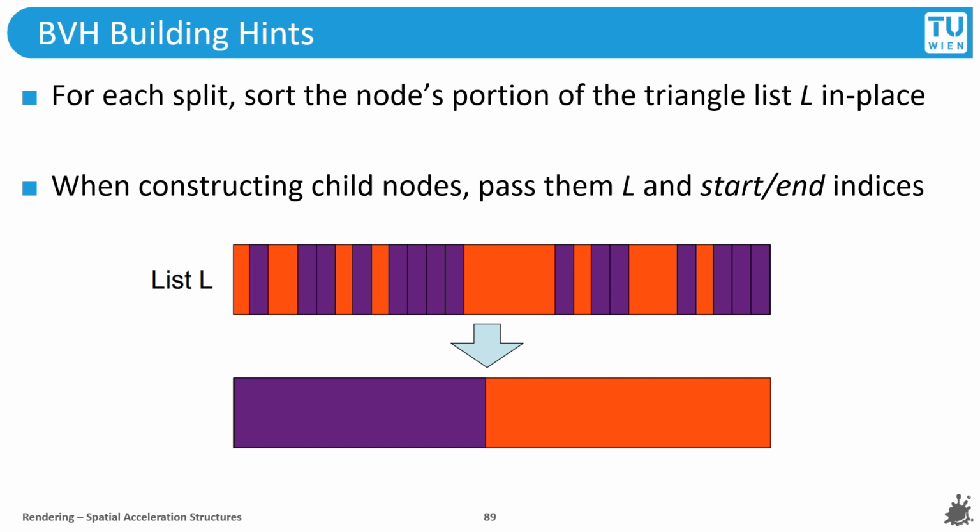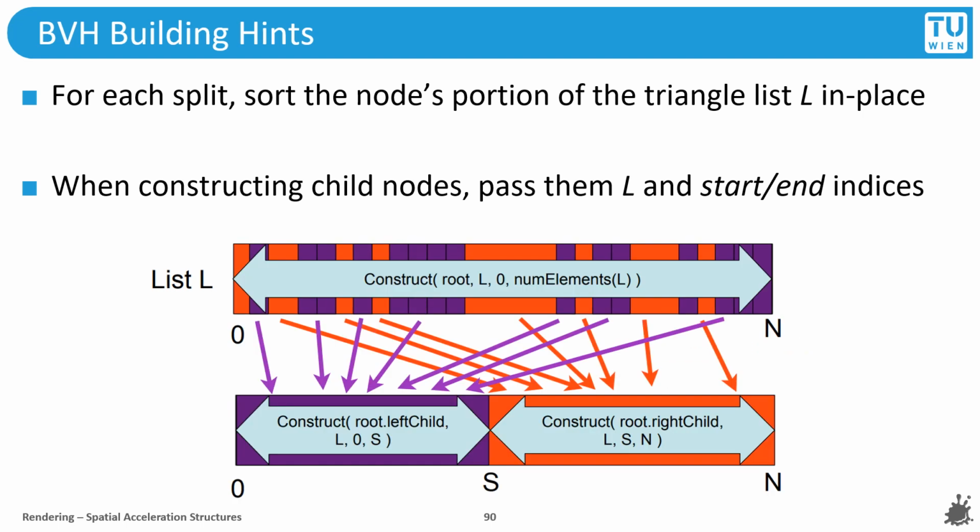So that means that actually for our child nodes, we don't need to allocate new memory that the triangles they reference are stored in. We can simply rearrange the entries in the triangle list such that they correspond to the range that each node will want to work on. So we can basically rearrange the list in place. And a nice way to exploit this in terms of programming is to keep a single global list of triangles in memory.